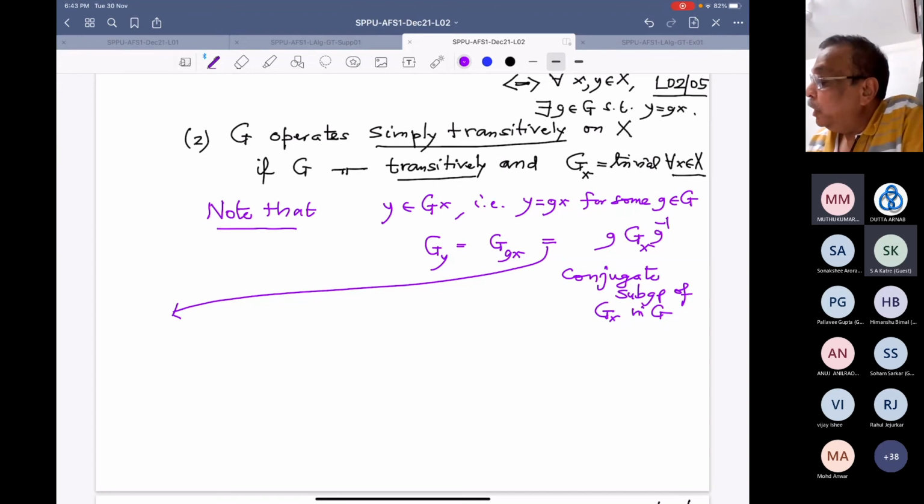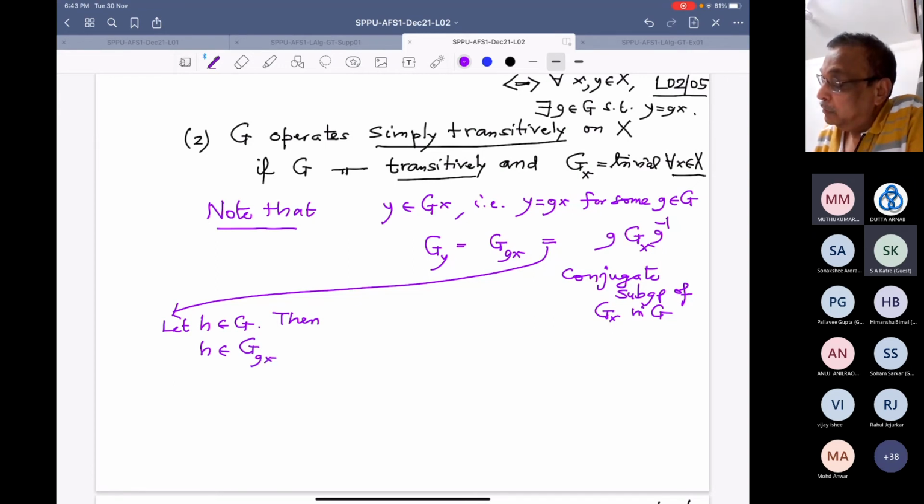So let us check. When will somebody belong here, that we will write, and that should belong to the left side, and conversely. So let h be in G. Then h belongs to isotropy at gx. That is by definition what? It fixes this. So hgx equals gx. I want to rewrite this equation by using the property of the operation.